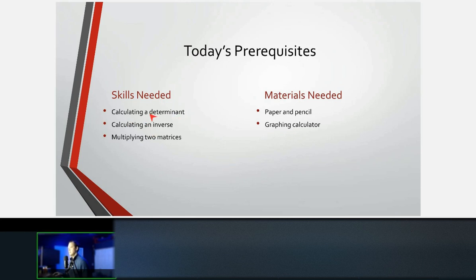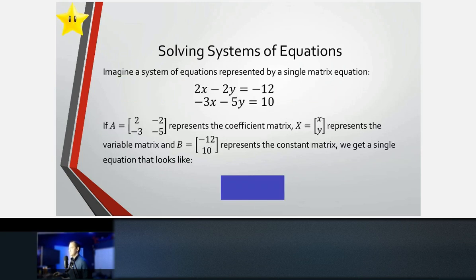So we need to know how to calculate a determinant, how to calculate the inverse, and this was from Friday's lesson at noon, the recording, and multiplying 2 matrices. So, we're using everything we've learned so far in Unit 2 to do this lesson. If you don't know how to do a determinant, you don't know how to do an inverse calculation, you don't know how to multiply matrices, you can't do today's lesson.